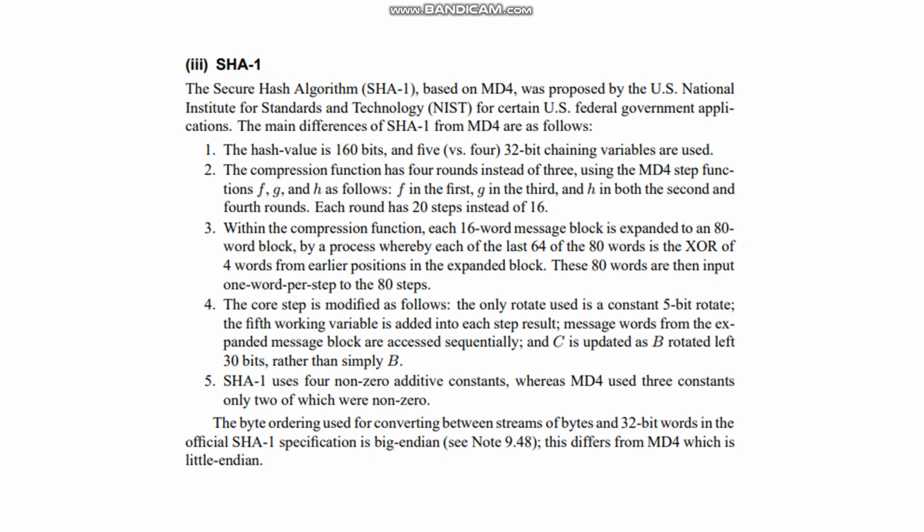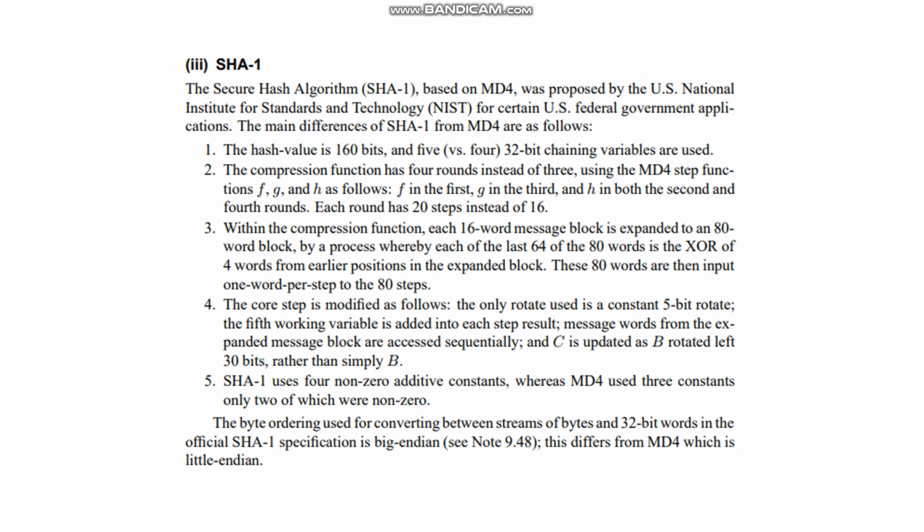The compression function has 4 rounds instead of 3, using the MD4 step functions f, g, and h as follows: f in the first, g in the third, and h in both the second and the fourth rounds. Each round has 20 steps instead of 16.